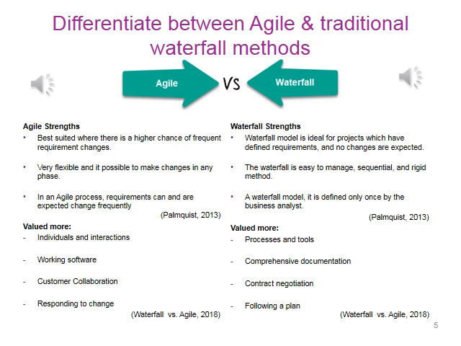Next, customer collaboration is valued more on the Agile project management side than the upfront contract negotiation on the waterfall side. Last, responding to change is more important on the Agile side, in contrast to following a plan, which is focused more on the waterfall side.